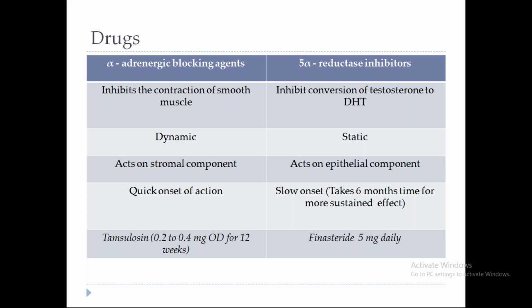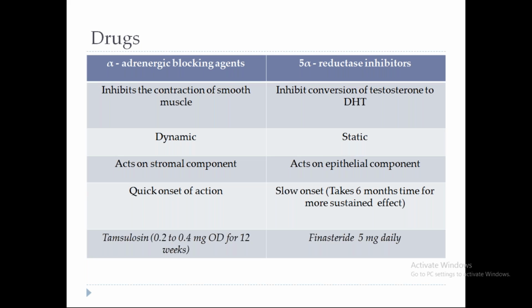So, drugs. You have already seen that the most important pathology of this BPH is adrenergic receptors, that is alpha adrenergic receptors, and the 5-alpha reductase enzyme. So the most important treatment is to block these.